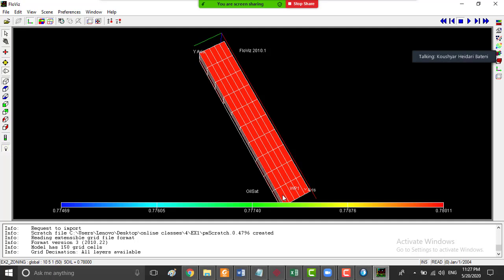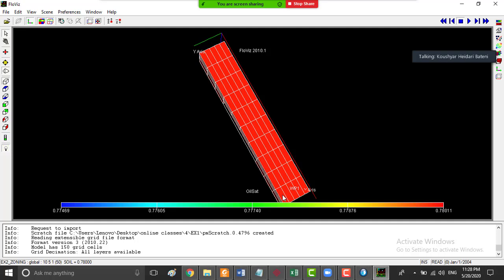Right. So, first we increase the x coordinate.